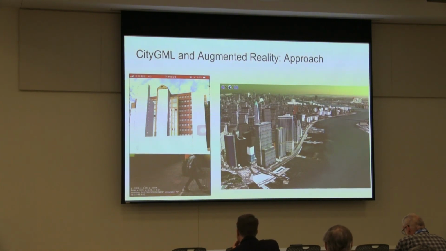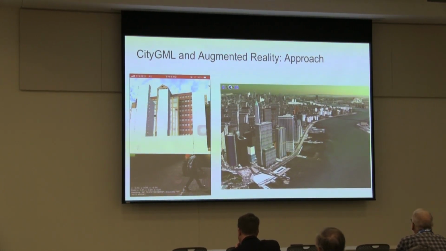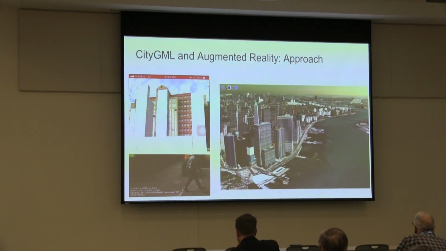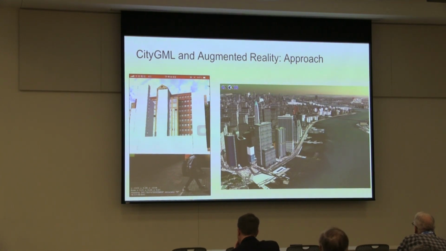So there were various prototypes that were studied in the testbed. There were also some performance constraints that we encountered, related to real-time camera view augmentation using 3D virtual objects derived from a CityGML dataset and anchored based on GPS or whatever the device can provide.